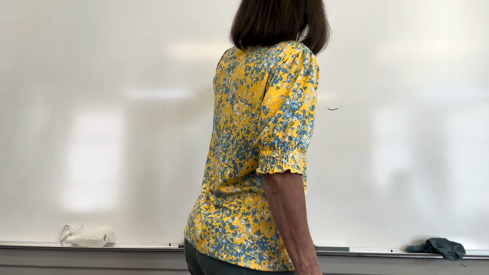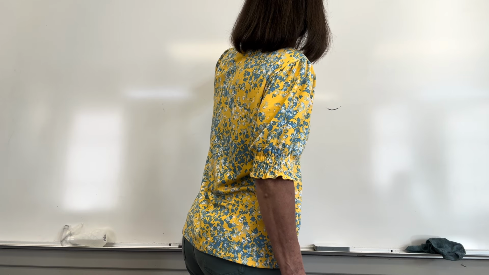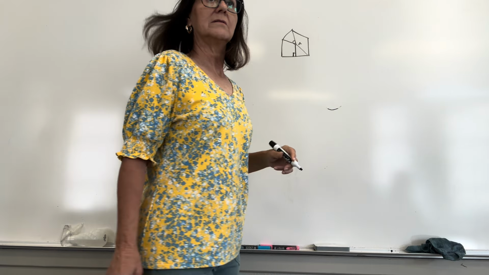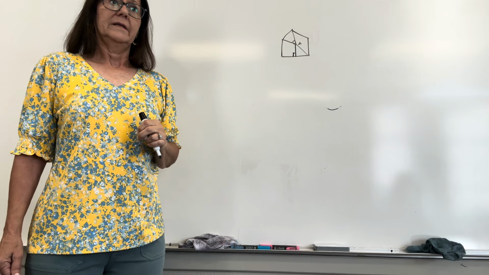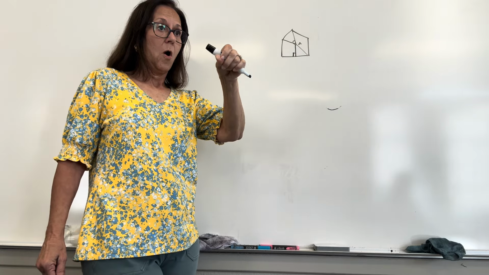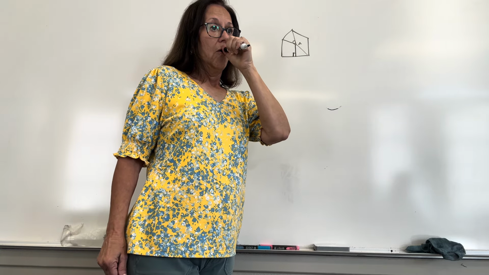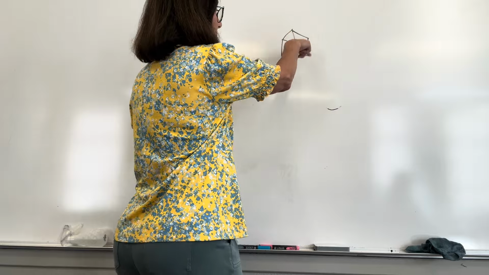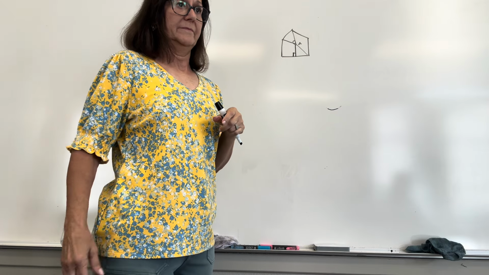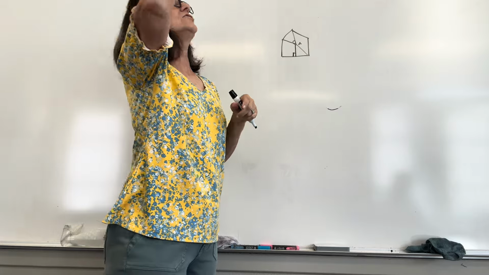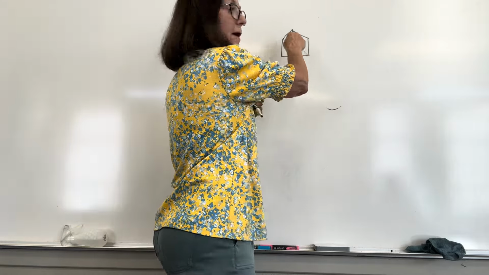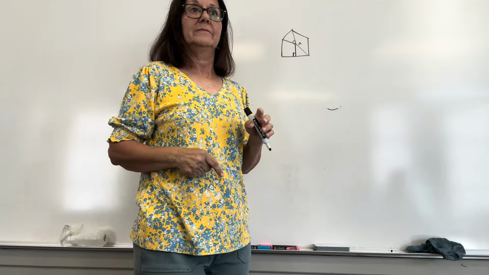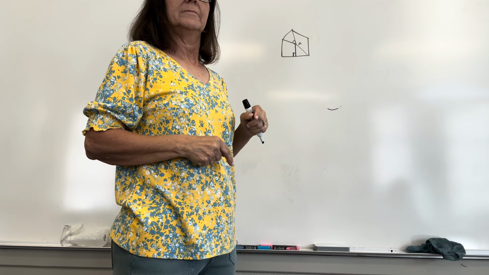Now, do you remember how we calculated the central angles? You divide by the number of triangles that fit into it. Particularly for this pentagon, you take 360 all the way around divided by 5, and that's what that angle is.